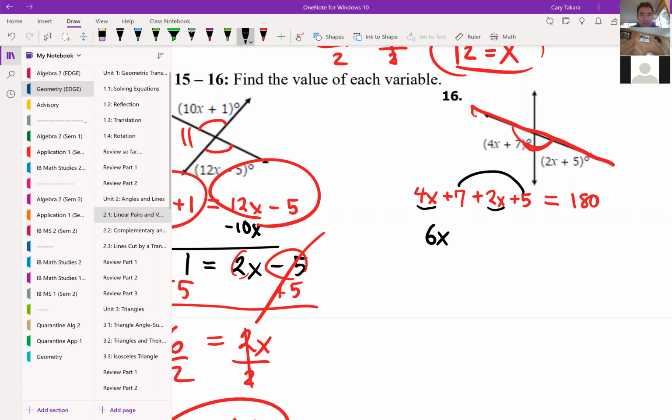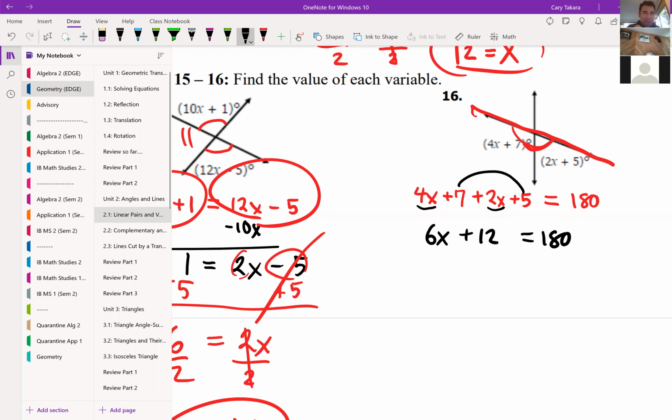So let's simplify that. 7 plus 5 is 12. So you can simplify 6x plus 12. That's equal to 180. Okay, is that what you did? If you didn't, all you need to do is just fix it. Okay, so let's correct that.